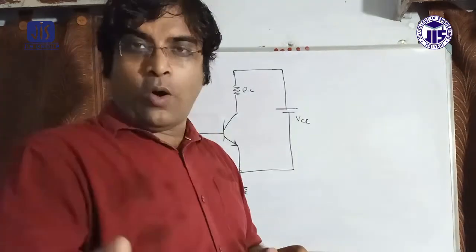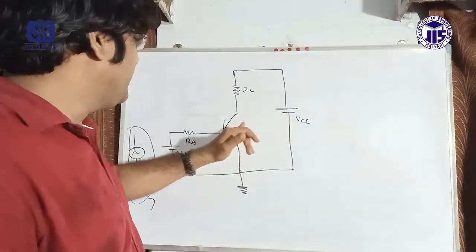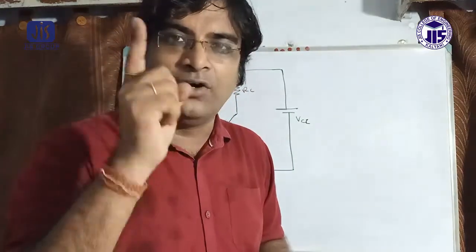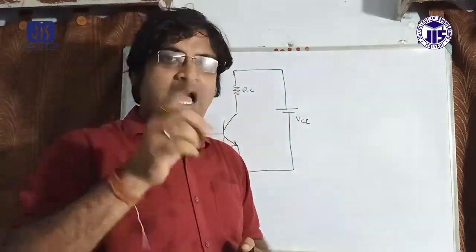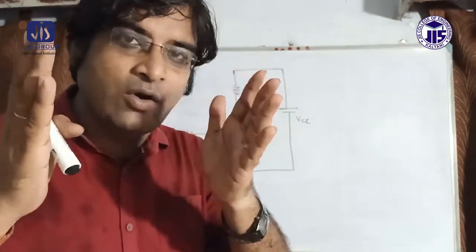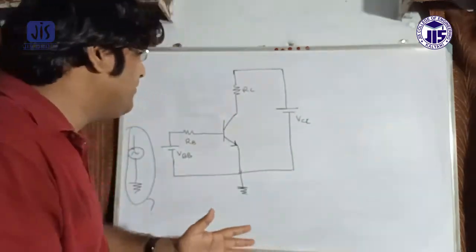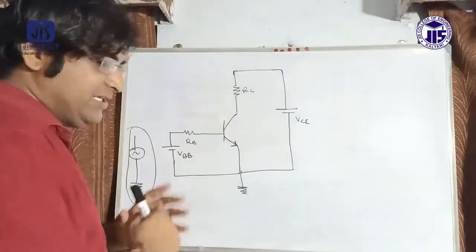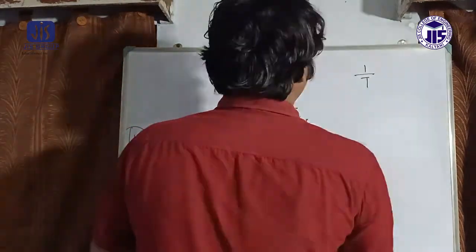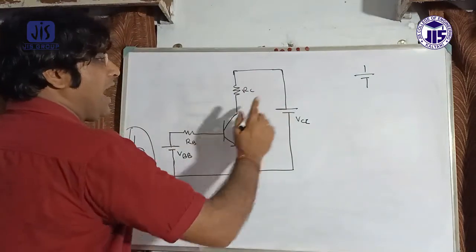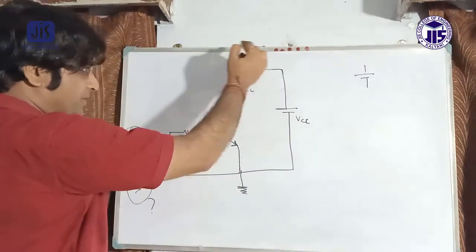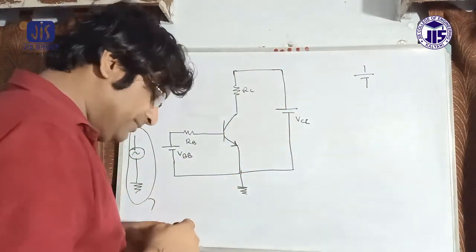Suppose I give you a problem: in the laboratory I give you only one DC voltage source, not two DC voltage sources. Again, try to understand. By using this one DC voltage source, is it possible to develop this common emitter circuit?